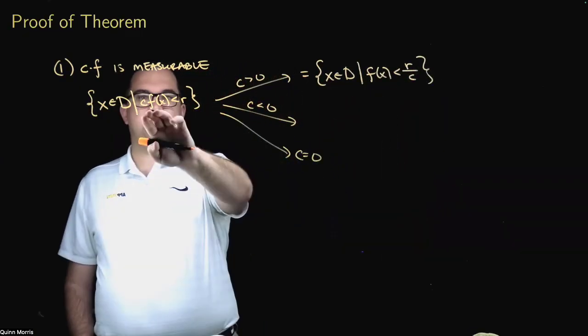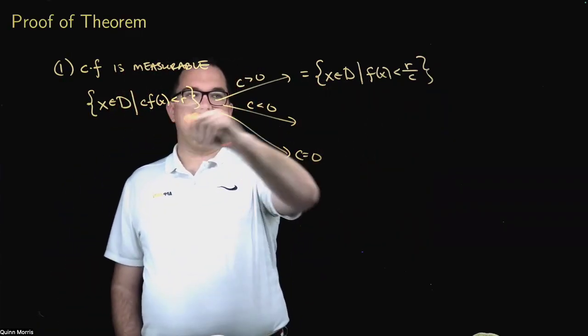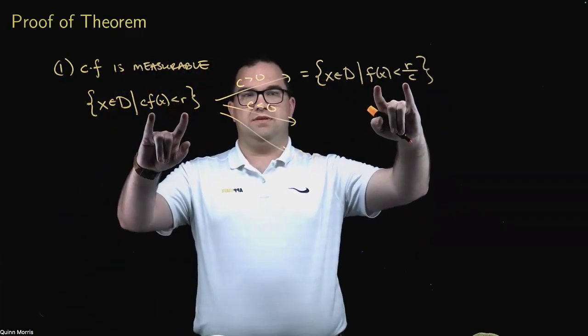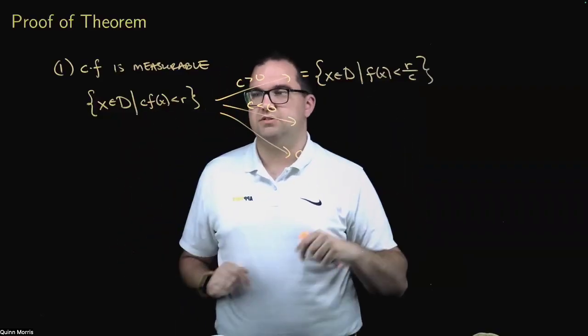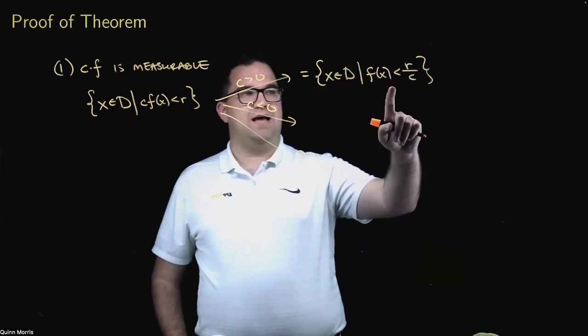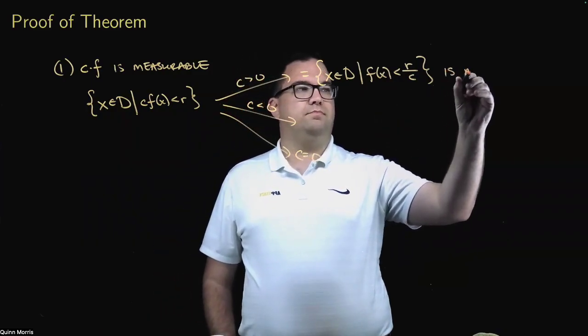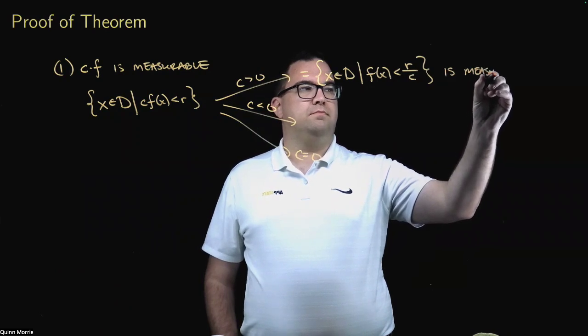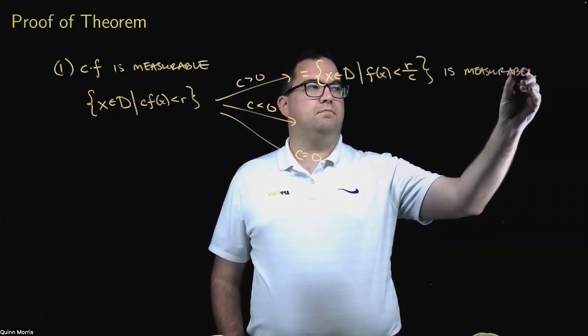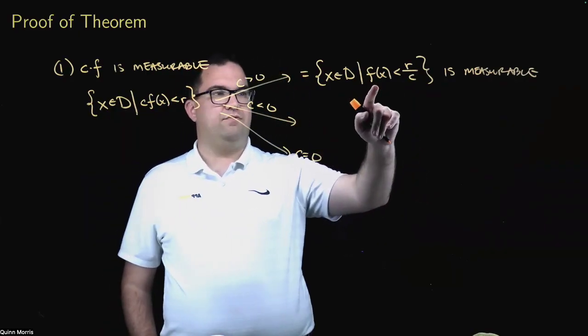Right? So if c is positive, I can divide both sides of this inequality by c. So these are exactly the same set because these are entirely equivalent conditions. And I know that this set is measurable because f is measurable.